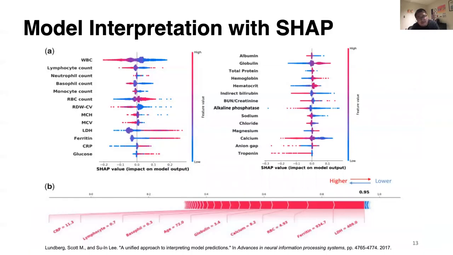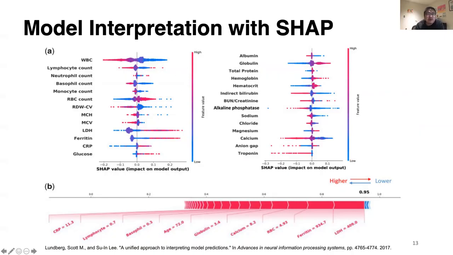After the model is built, we have also interpreted the model based on the SHAP value, which is a post-hoc model interpretation method for black box models. And as you can see, the feature contributions to the prediction. So here, the horizontal axis corresponds to the SHAP value for every feature. You can think of it as a contribution to the final prediction.